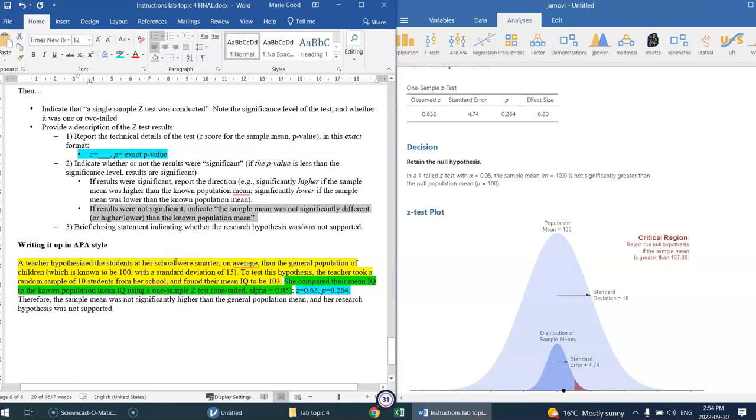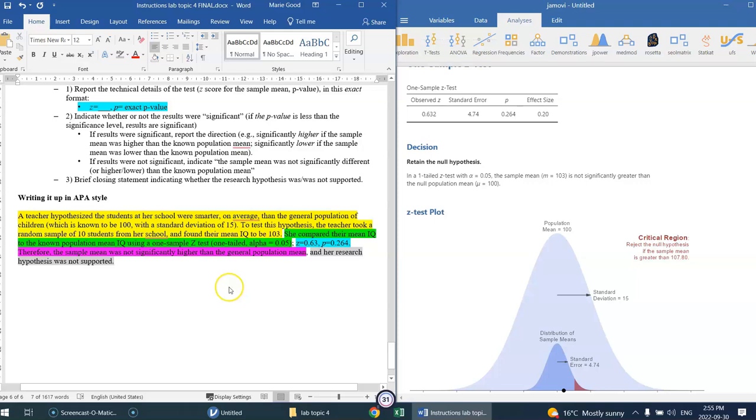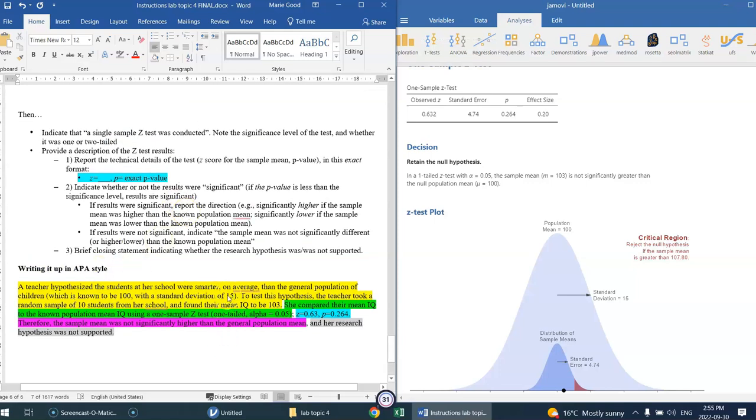Because that was our research hypothesis, that the mean would be higher. So we say the sample mean was not significantly higher than the general population mean, and the research hypothesis was not supported. That's the last little part there. Okay. So that's how you would write up the results of this Z-test in APA style.